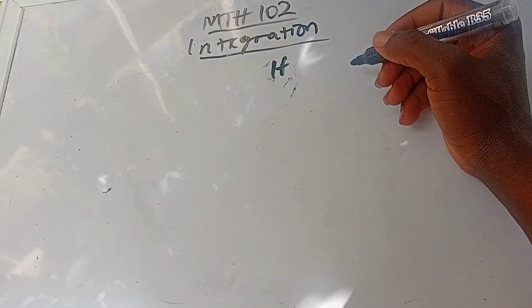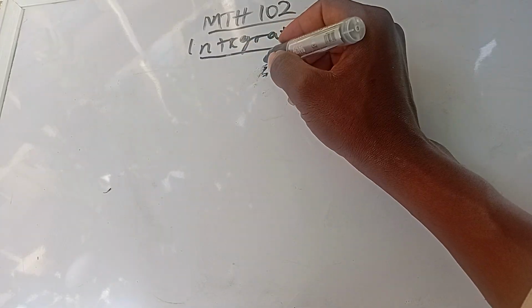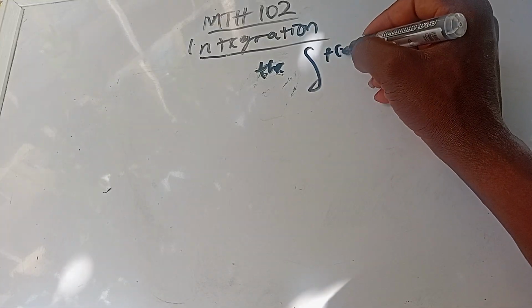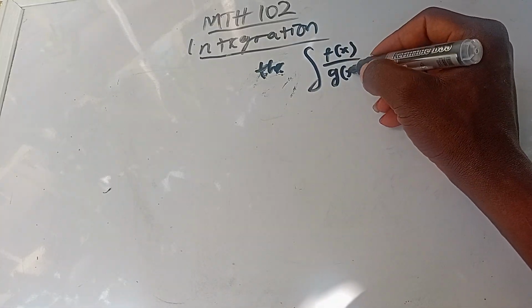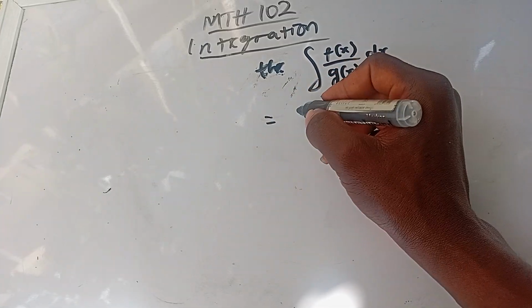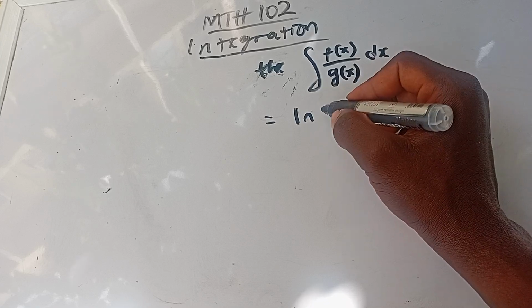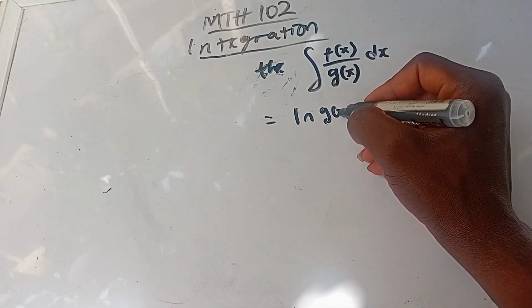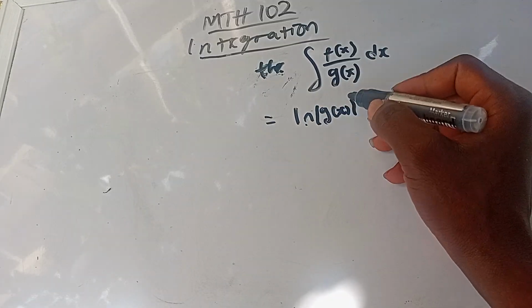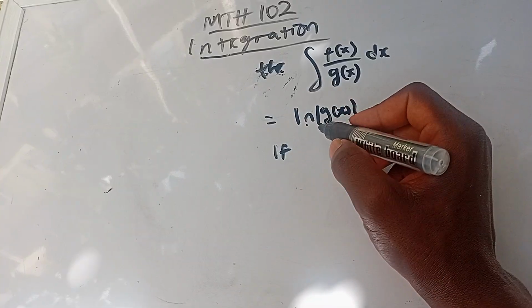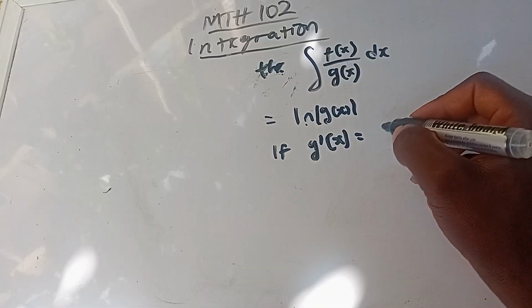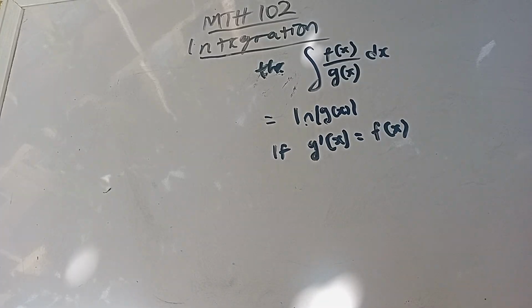Let me say the integral of f of x over g of x dx is equal to ln g of x, if there's a condition that will make it equal to this: if g prime of x equals f of x.